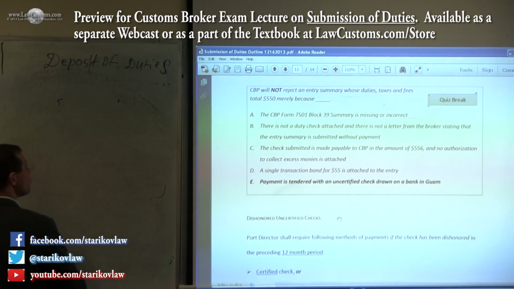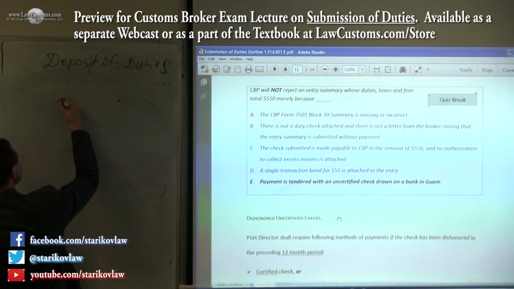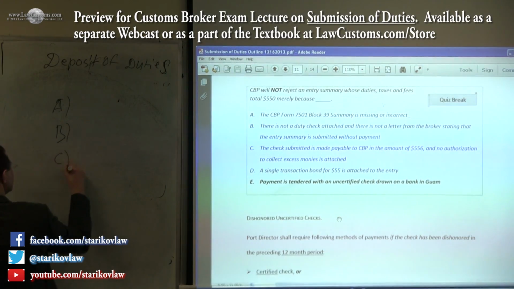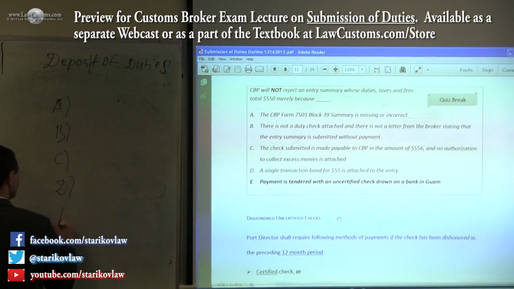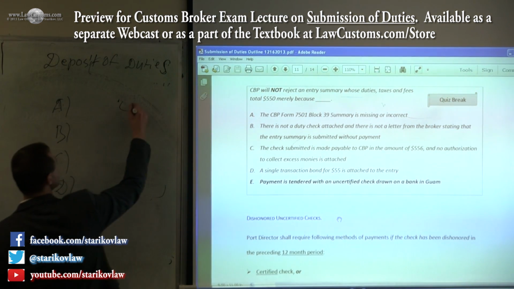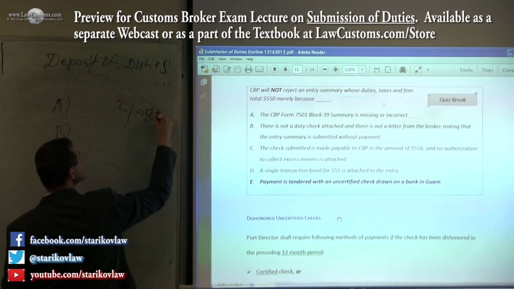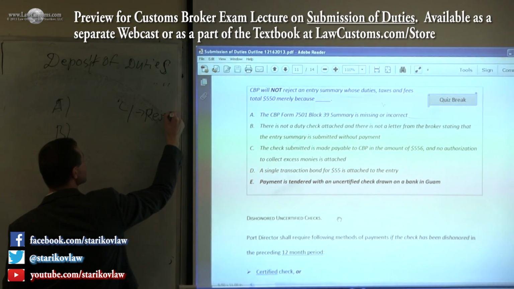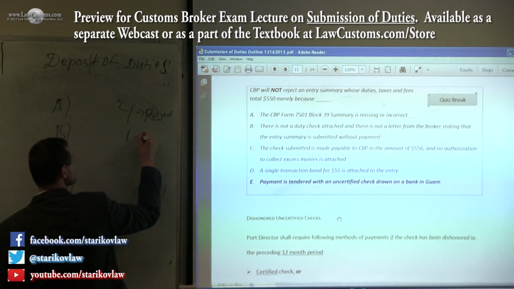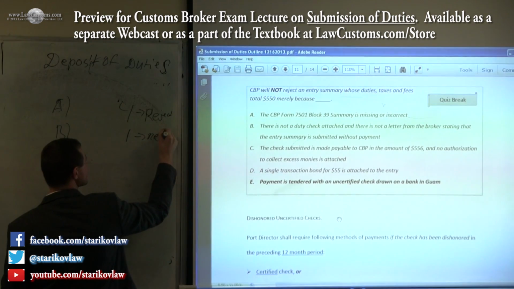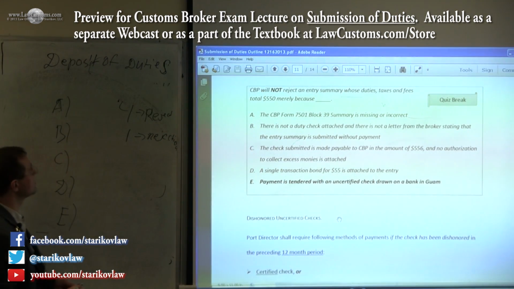You have 4 situations, A, B, C, D, E. You have 4 situations where rejection is likely, rejection. In 1 situation, no rejection.